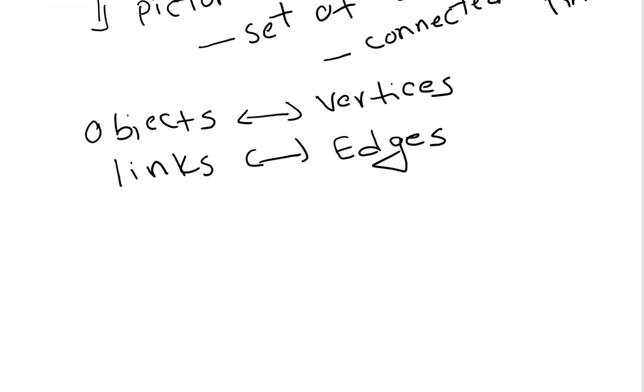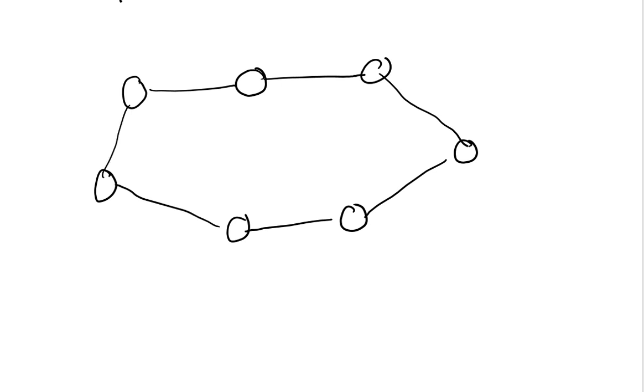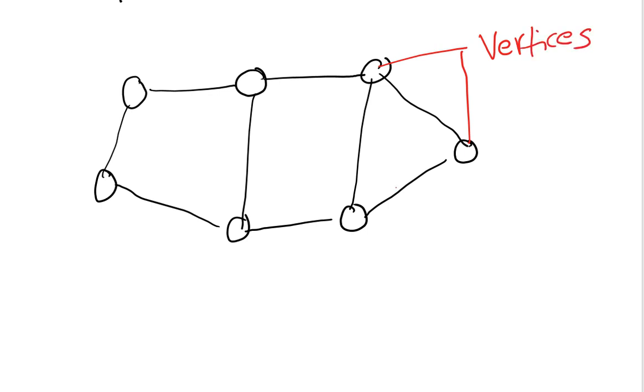Let me draw one diagram. A graph consists of objects. This is an object, and this object is connected with the links. This object is called a vertex, and these links are called edges.